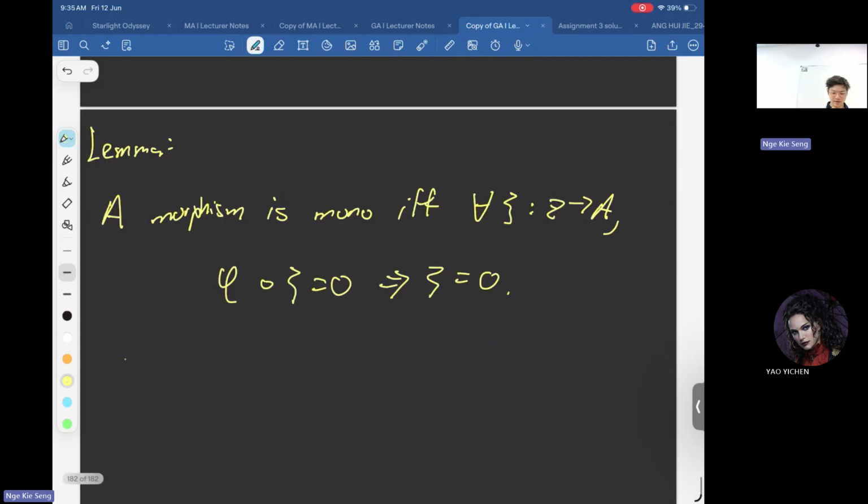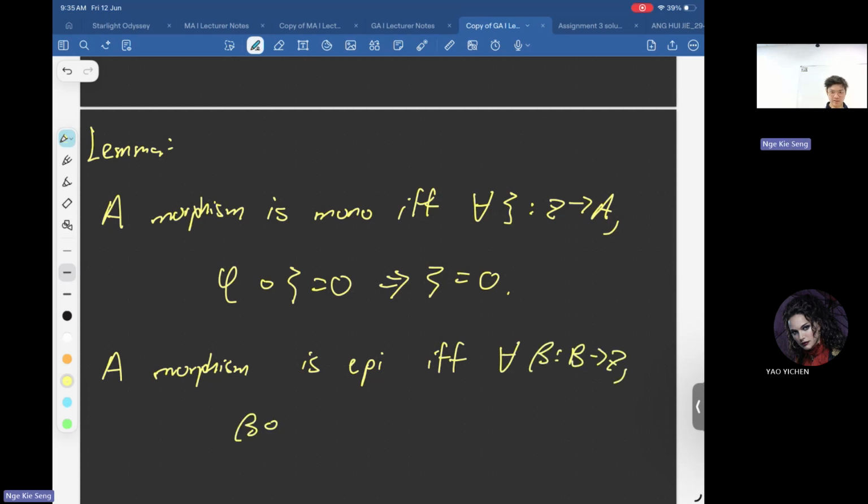And a morphism phi is an epimorphism if and only if for all beta from B to Z, beta on phi equals 0 implies beta equals 0.